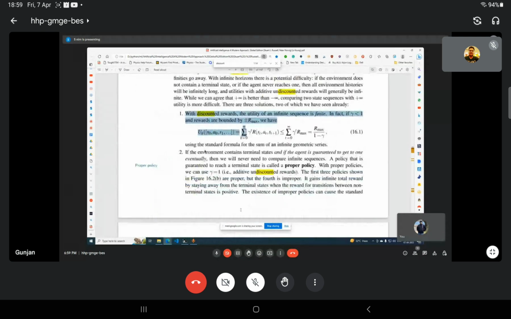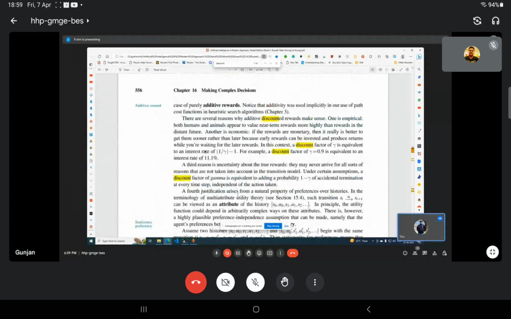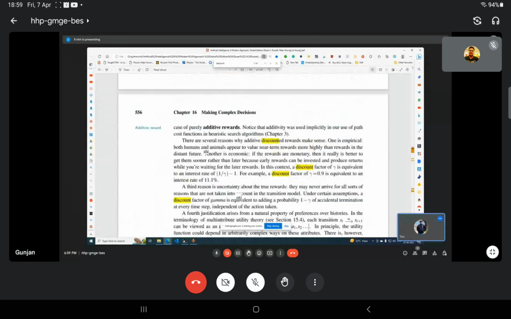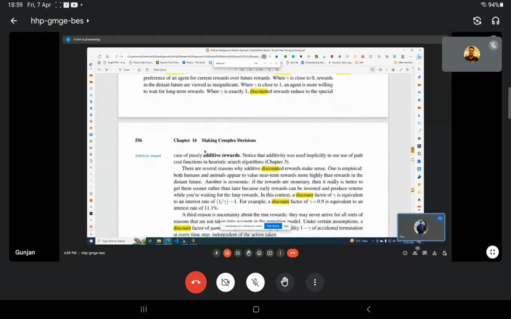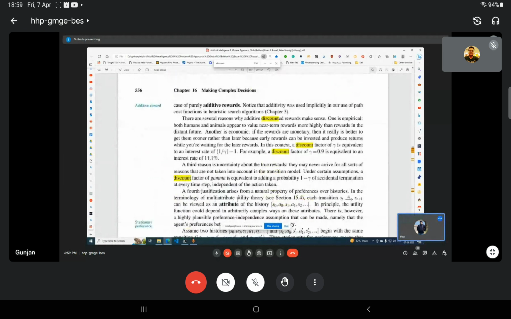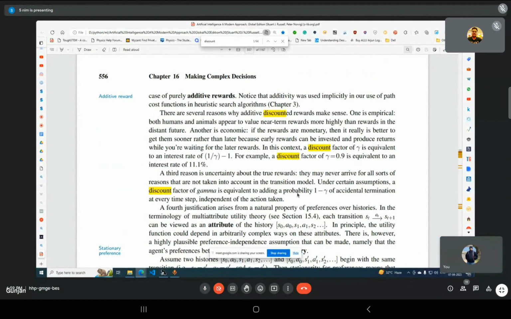Can you just scroll up and keep it above those three points? There is a paragraph. I just want to go over it. What does this paragraph say?